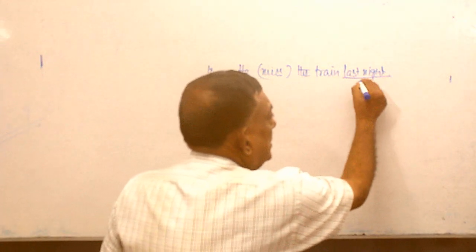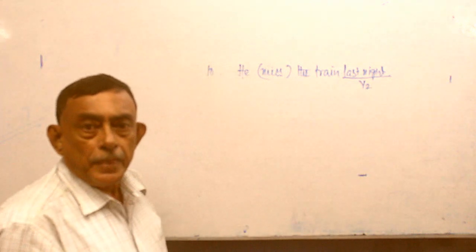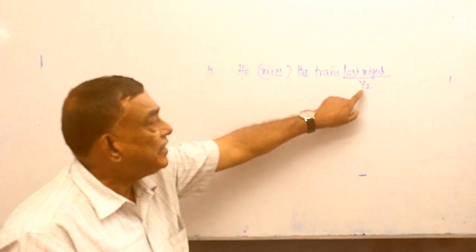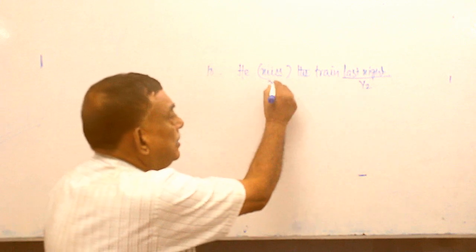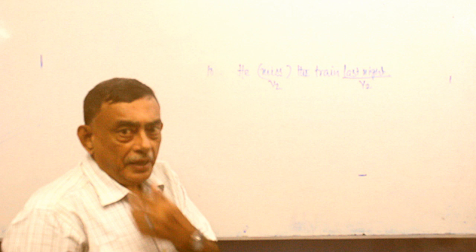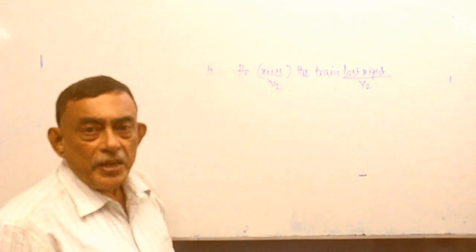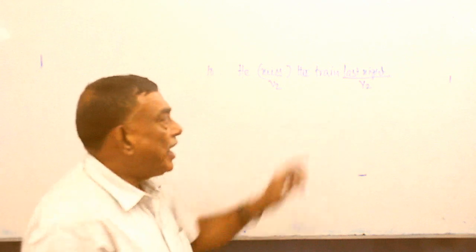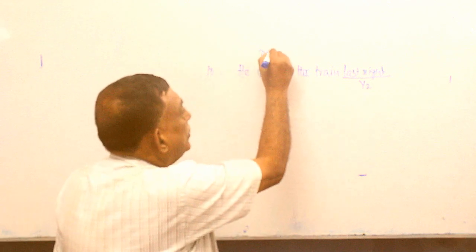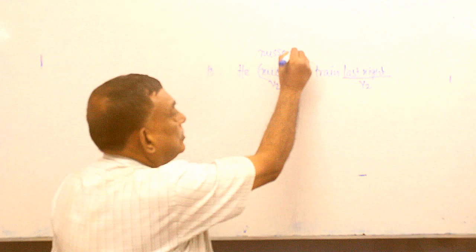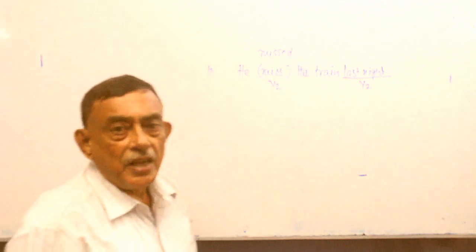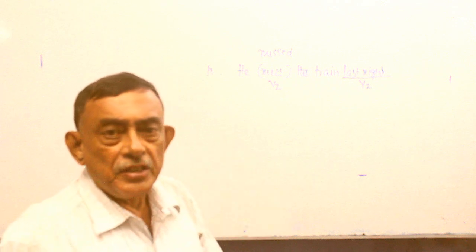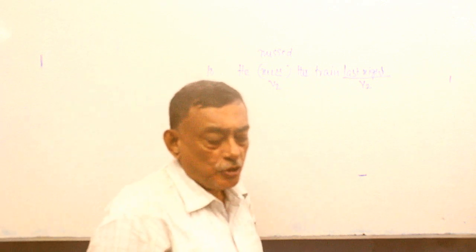Last night is the indicator of V2. It is just like yesterday or something like that. As soon as you find that it is V2, the verb should be in V2. This is called congruency, agreement of the verb. So naturally, as soon as you find V2, you take it to missed. He missed the train last night. These are tips and tricks that will make you 100% correct in the examination in choosing the options also.